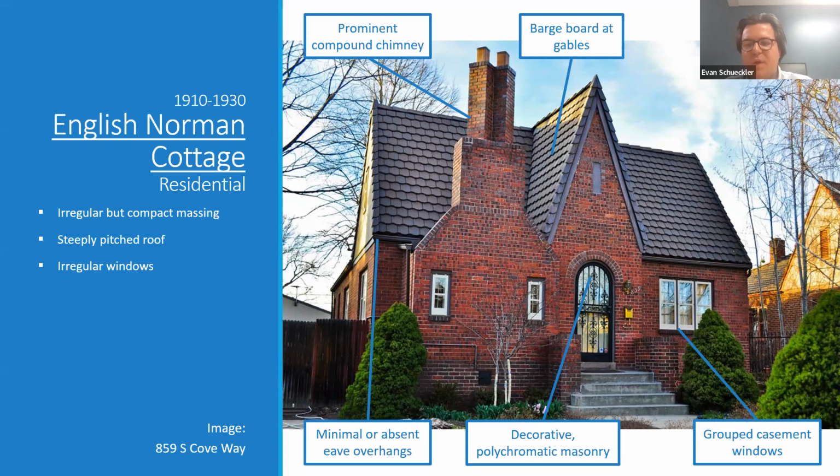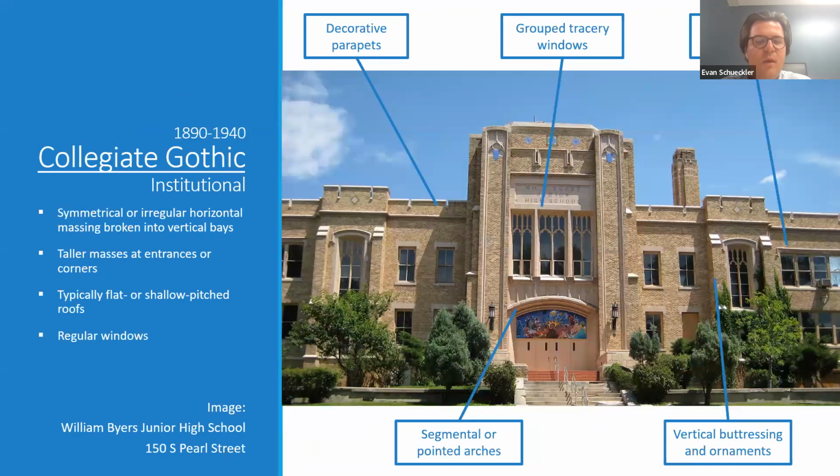And again, the irregular windows and a little bit of decorative patterning in the masonry. So related to the Tudor, but much more modest in its scale. Typically, these will only be one story, even though it has this big roof that may or may not actually be occupiable.